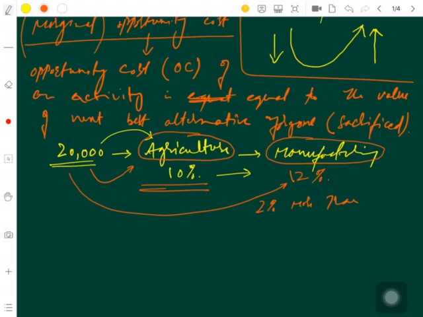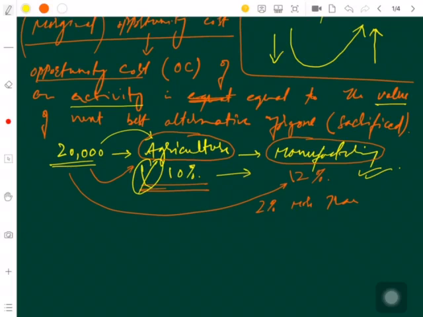Opportunity cost of an activity, here in this case is investment of rupees 20,000, is equal to the value, that value, that is 10% and 12%, of next best alternative, not the best alternative. Manufacturing is the best alternative here. Next best is this agriculture sector, foregone, which I have left over.